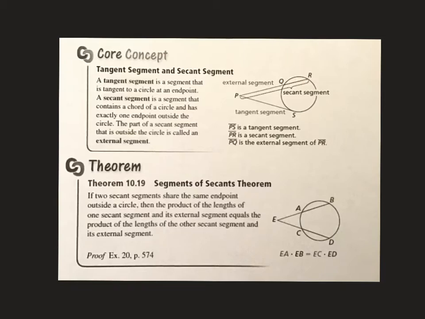So when we have two secants, we're going to do EA, or the external portion, times the entire secant EB, and we're going to set that equal to EC, the external portion of the other secant, times ED, the entire secant.